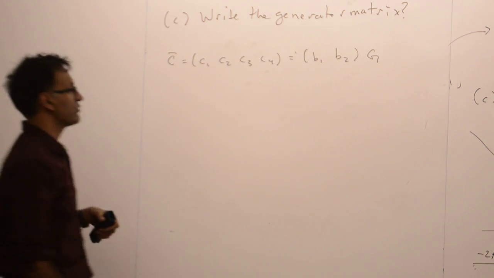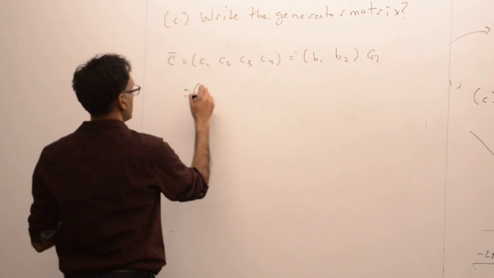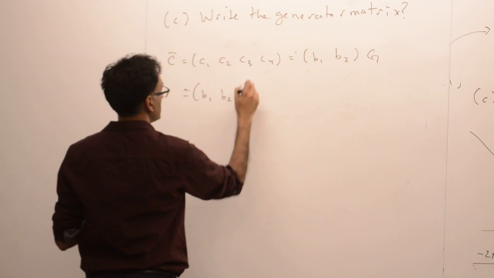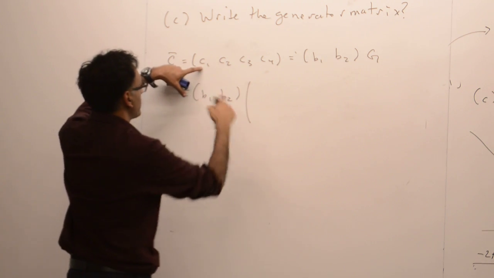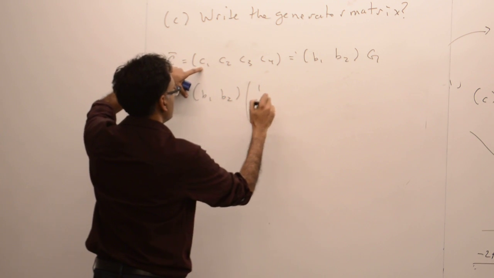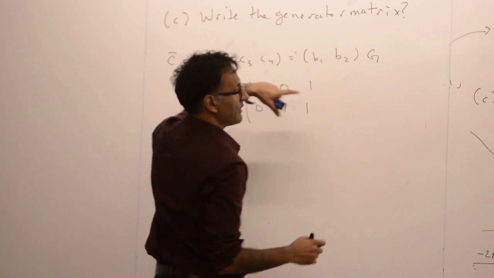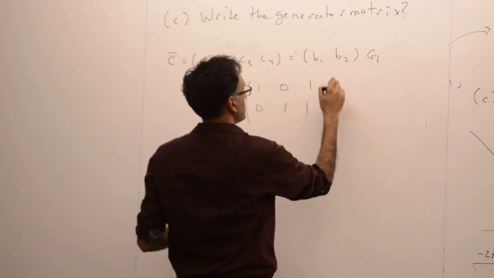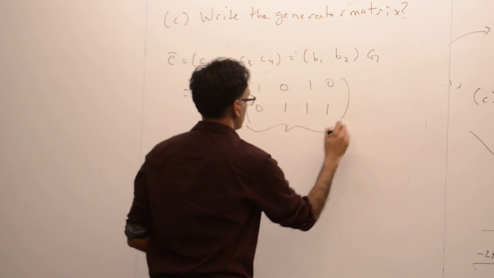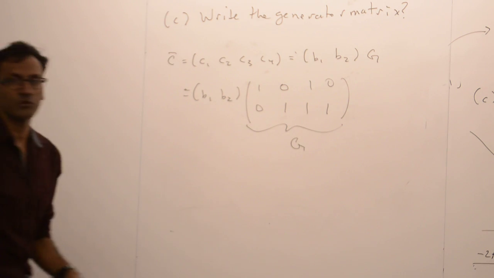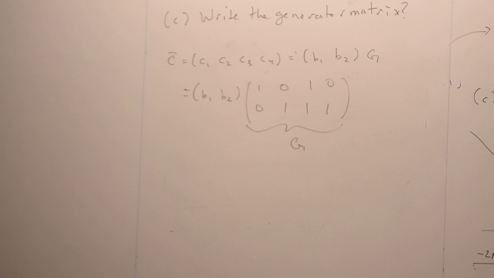So C1 is just 1 times B1, C2 is B2, C3 is B1 plus B2, and then C4 is B2. Okay? Does that make sense? So that's easy. Your first 2 problems will be like this. They'll be really quite simple, all right? Maybe.